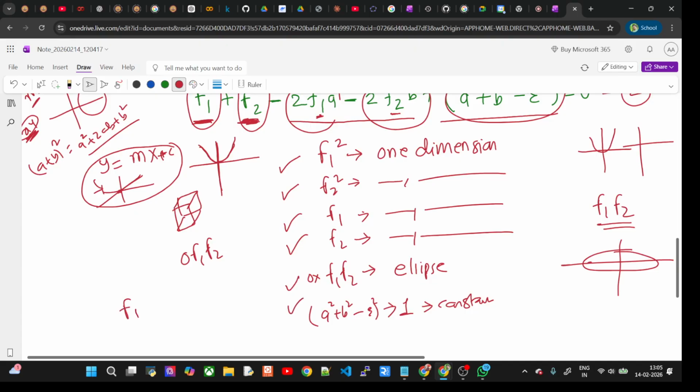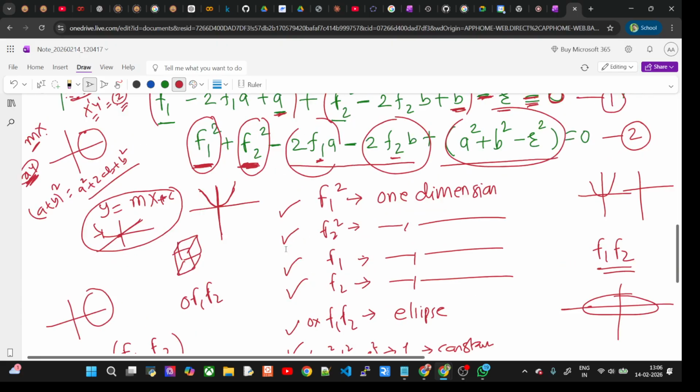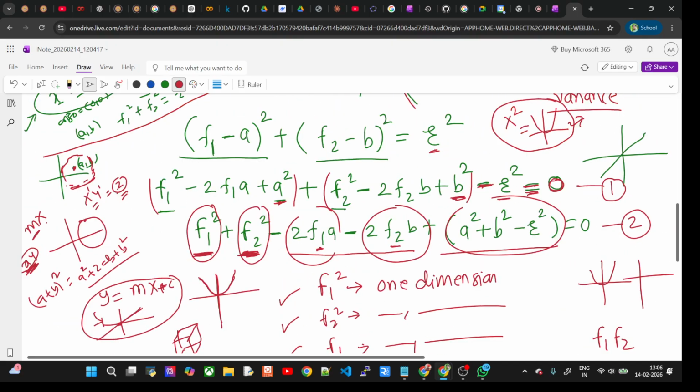So you have f1 and f2, two dimensions in your input, and f1 and f2 show a circular relationship. That circular relationship is nothing but f1 minus a whole square plus f2 minus b whole square equals r square.